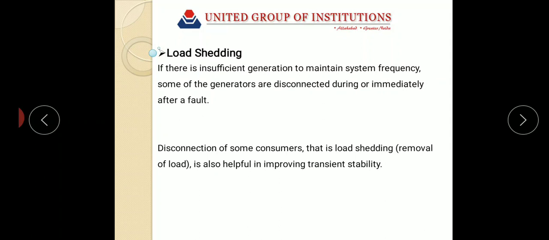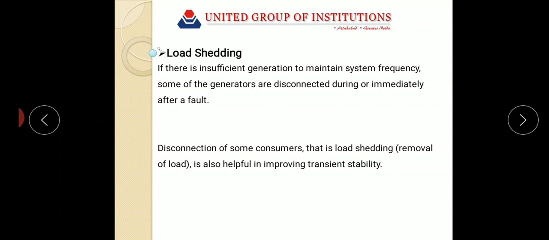Thus, the stability of the remaining generators is improved. The unit to be disconnected is provided with a large steam bypass system. When the system recovers from the shock of the fault, the disconnected unit is resynchronized and reloaded.